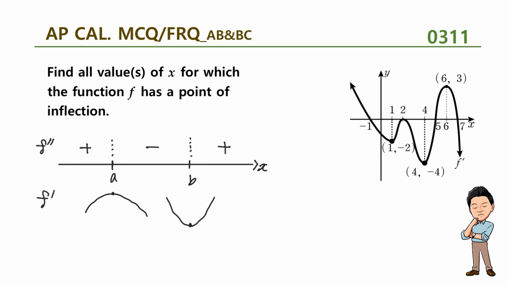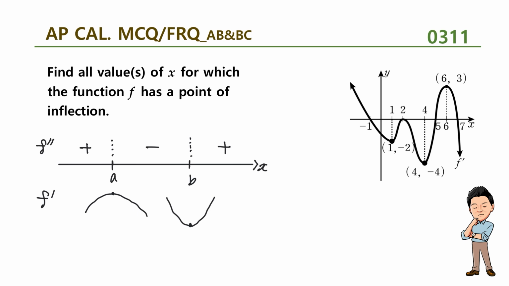So here we have f prime, right? The x values where f prime has a relative maximum or relative minimum are where we'll have a point of inflection of f, because f double prime changes from positive to negative at this point and negative to positive at this point, right?